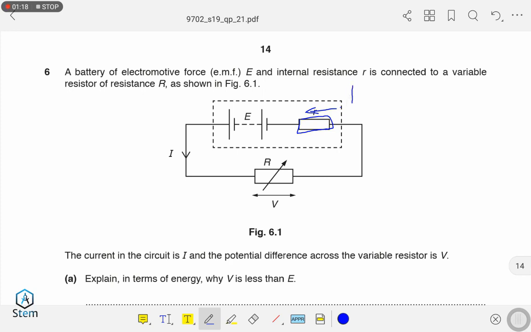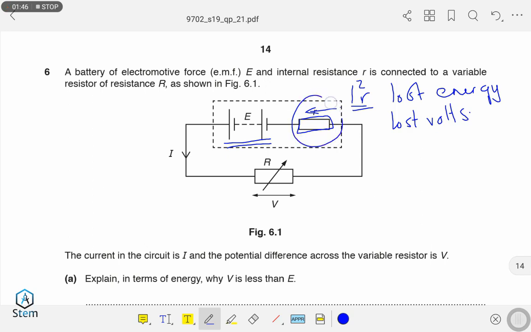That energy is given as I squared r and is generally termed the lost energy. This lost energy gives rise to lost volts. So the potential difference generated by the chemical reactions there is supposed to be equal to this value plus this value. So V is less than E because of the lost volts within the internal resistance of the battery.